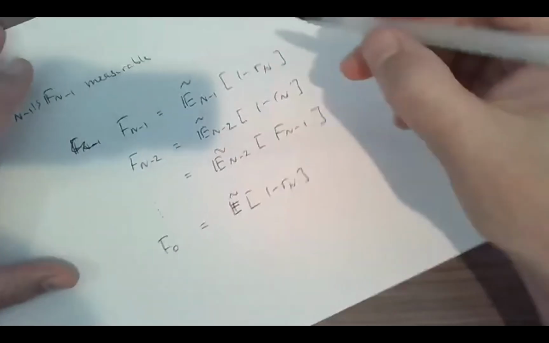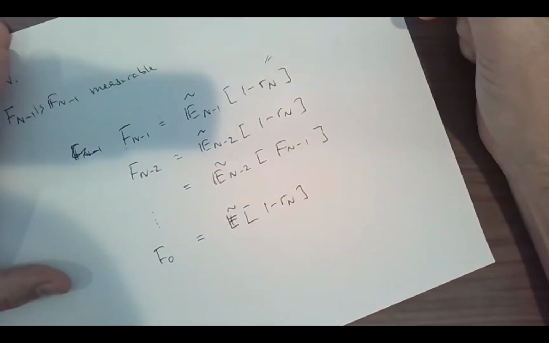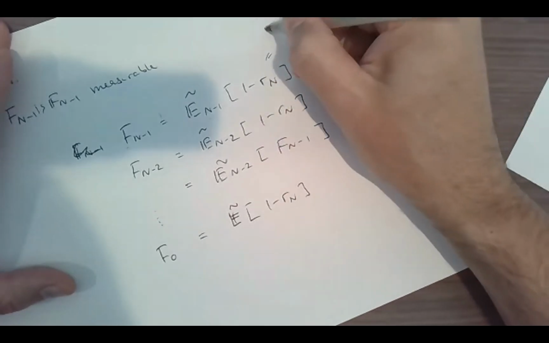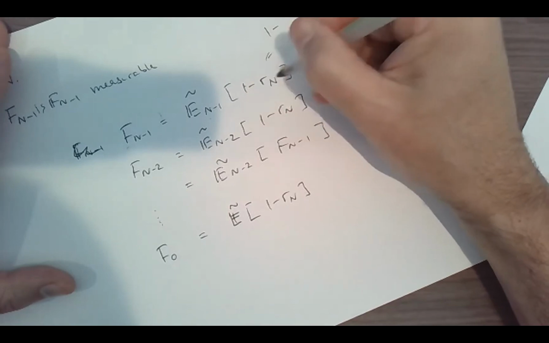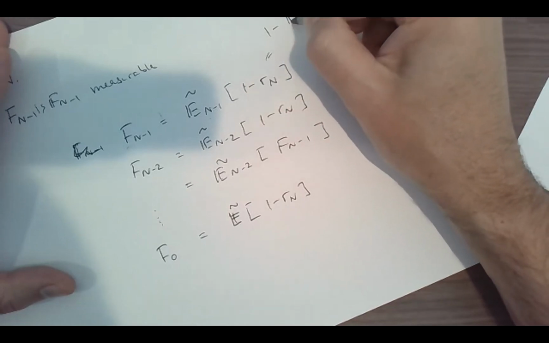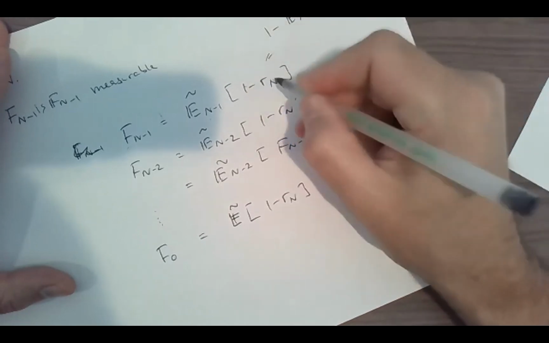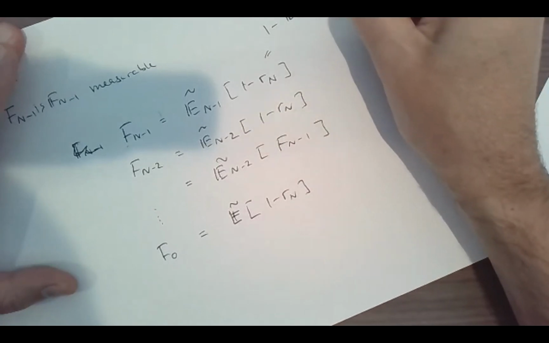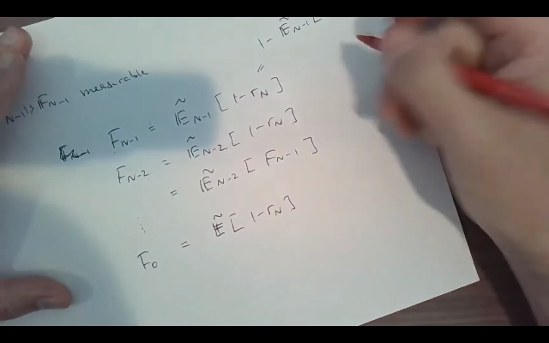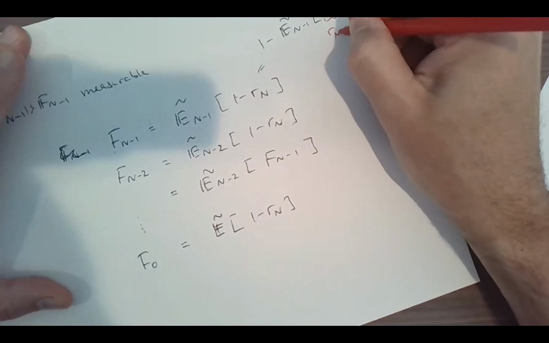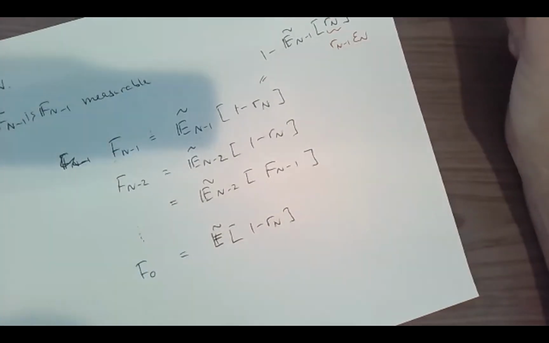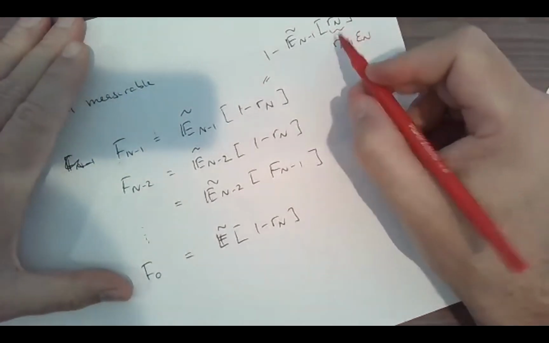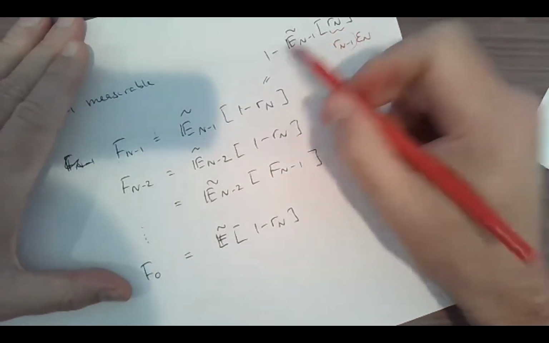So if you were to, for example, compute what this one here is, you will get 1 minus, and then you use the formula for this thing here. This is E tilde n-1 of Rn. This thing here is Rn-1 times epsilon n, and Rn-1 is measurable, so you can take it outside.